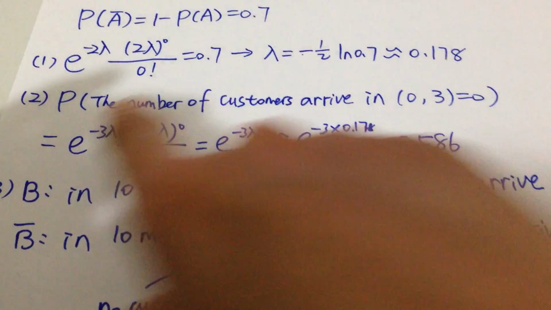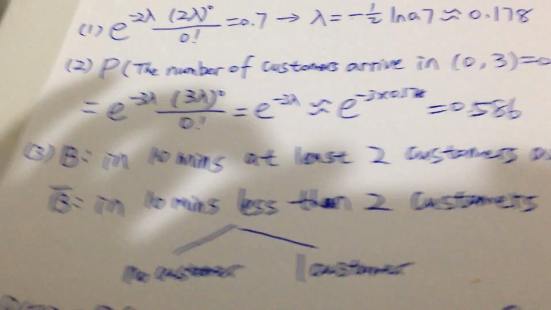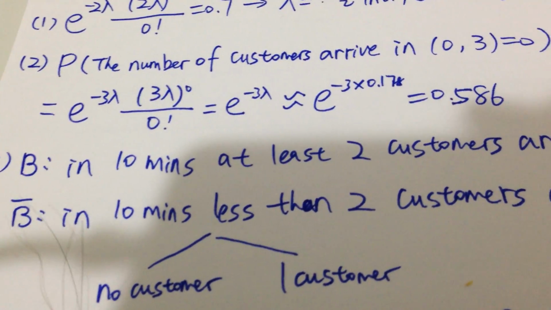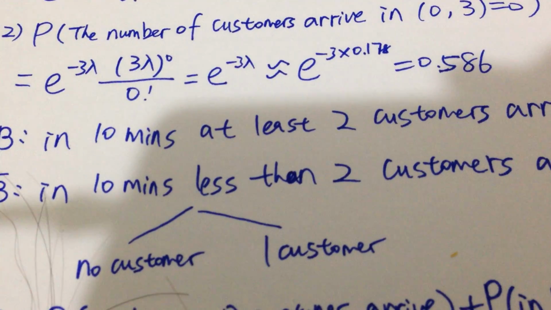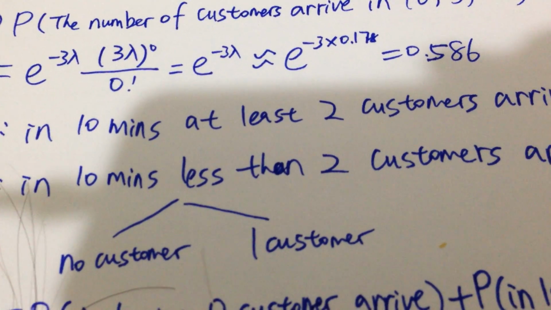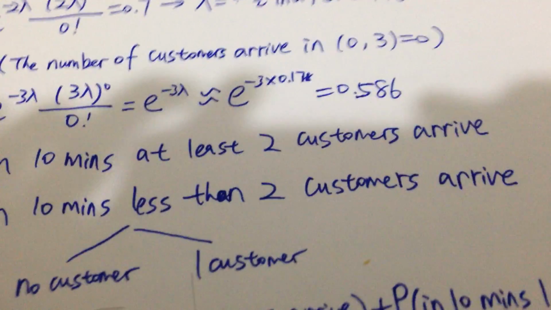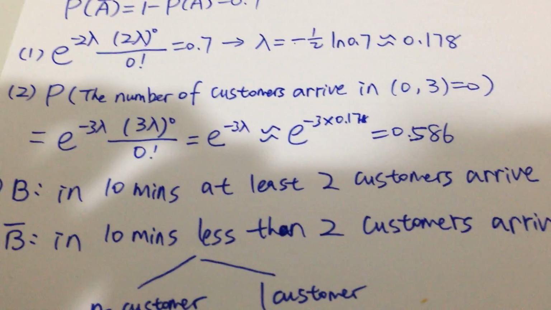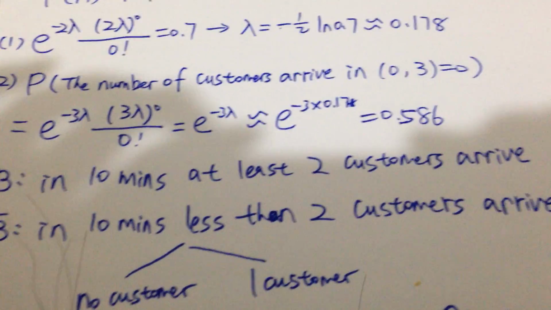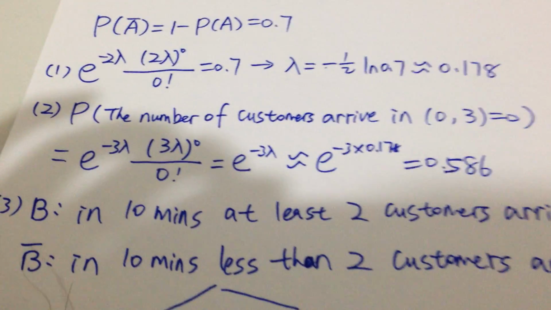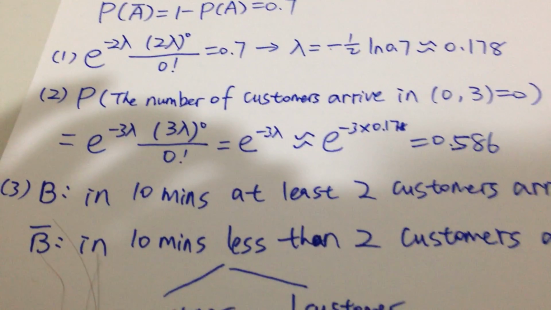Now let's look at question 2. In this question, we need to find the probability that in 3 minutes no customer arrives.